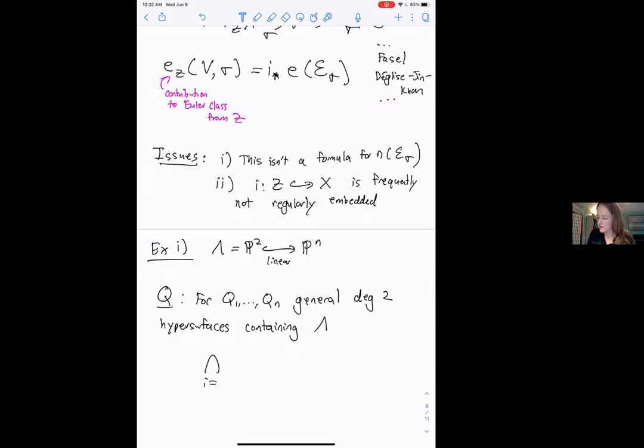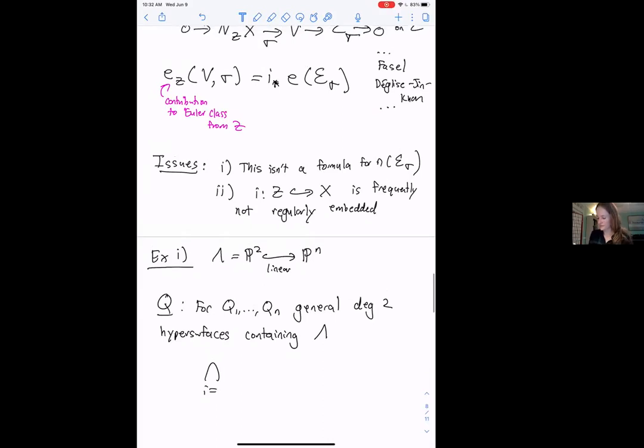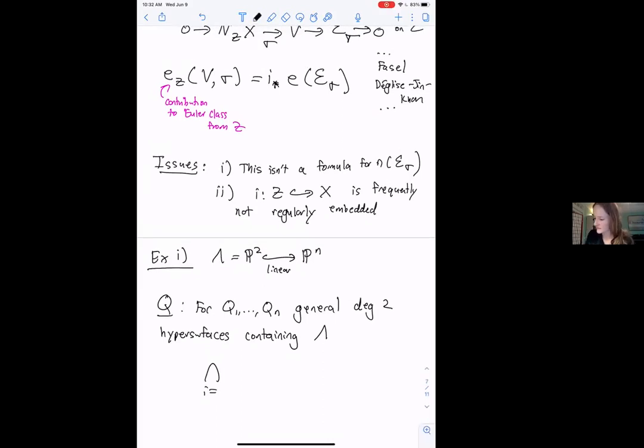So the intersection of the Qi is lambda disjoint union W, where W is a finite set of points.